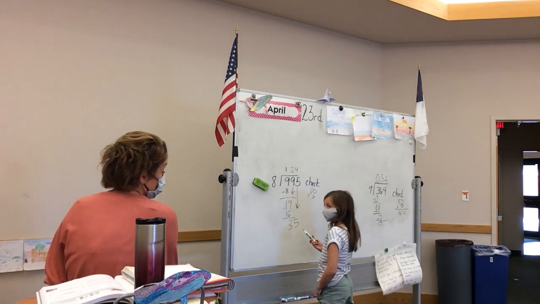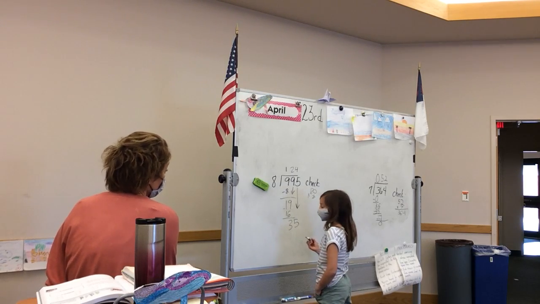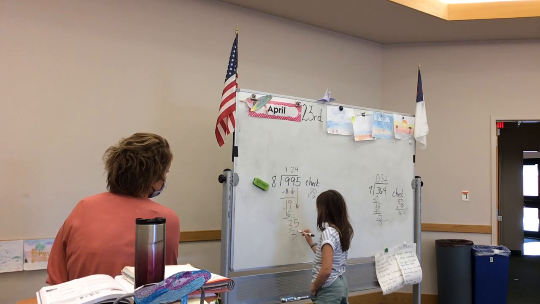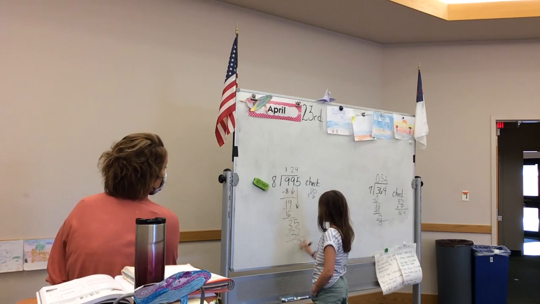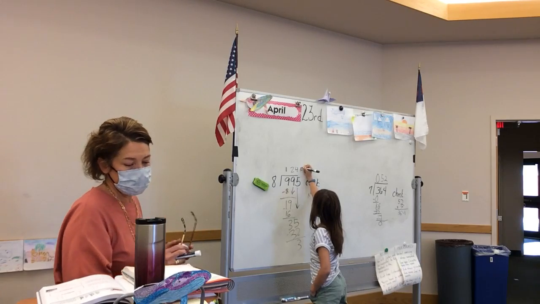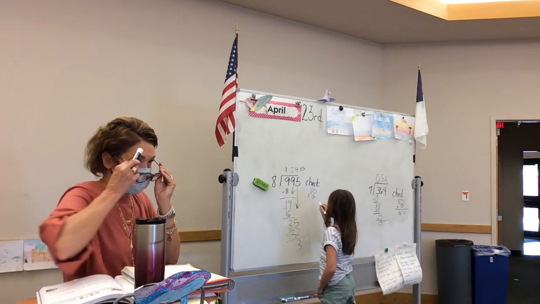And that is 4 times 8. 32 is 4 times 8. 27 is 4 times 7. There you go. There you go. Good job. Way to stick with it.